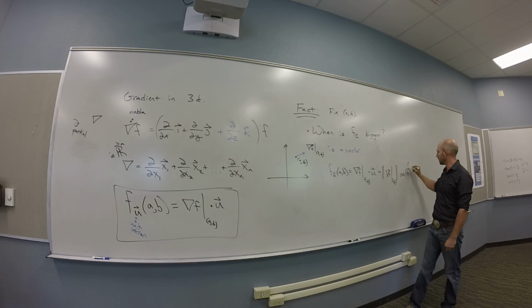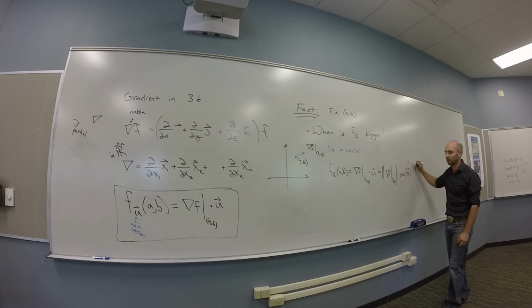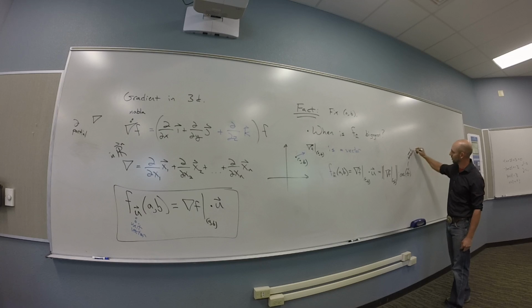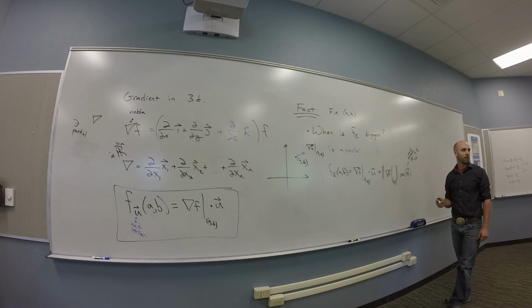What's theta? The angle between the two vectors: the gradient of f evaluated at (a, b) and u. You guys see that?